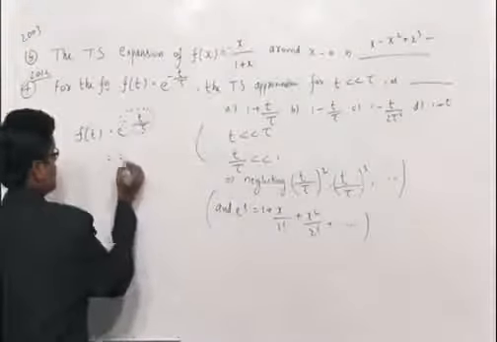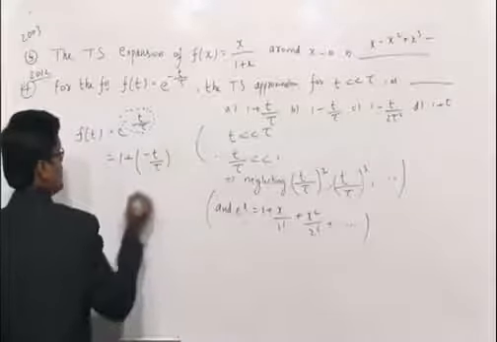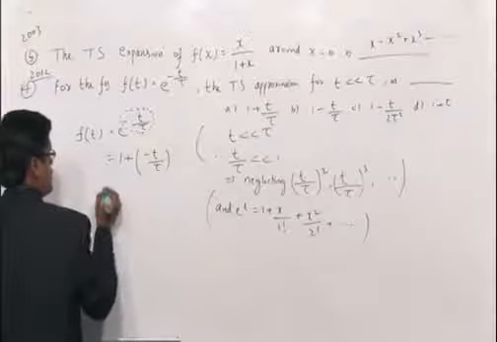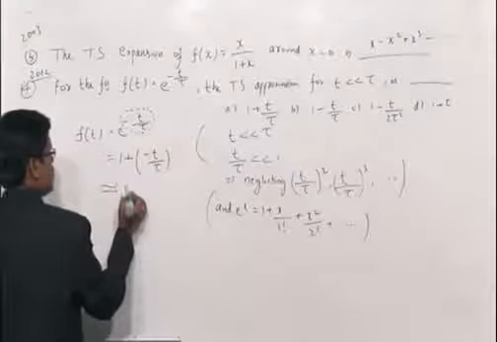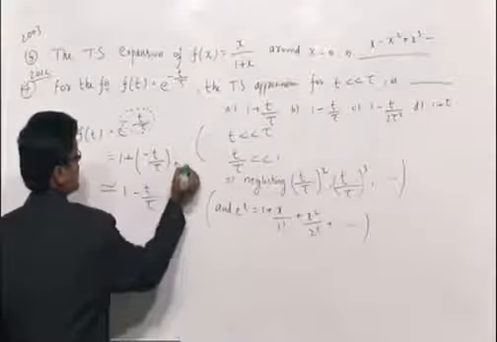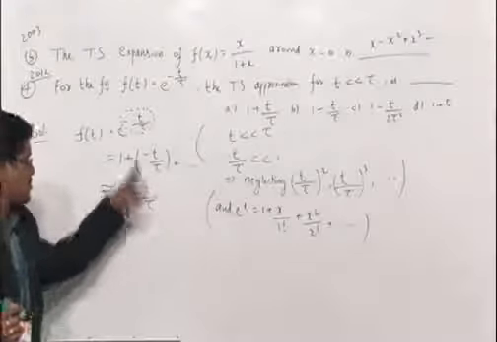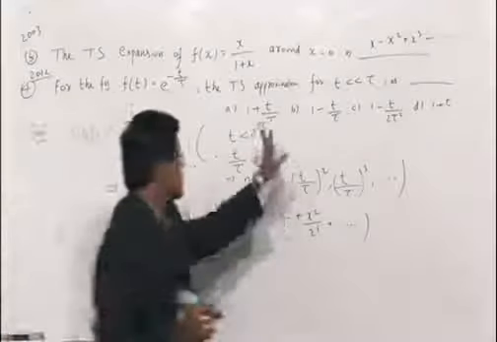So this simplifies to 1 plus minus t by tau. That means approximately equal to 1 minus t by tau plus etc., and then approximately equal to 1 minus t by tau, because I have neglected due to this reason.